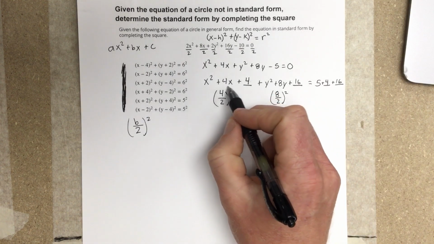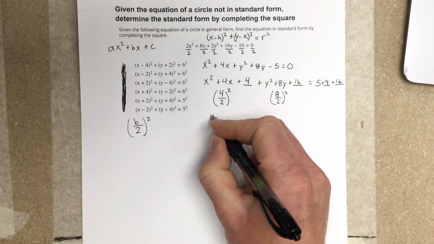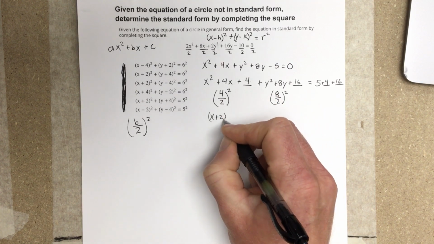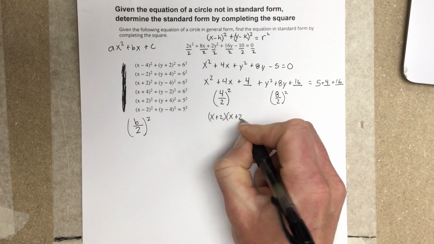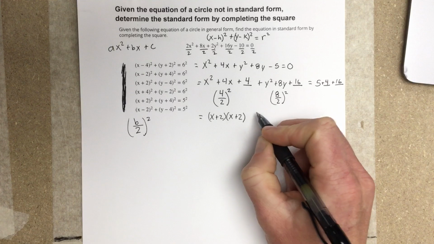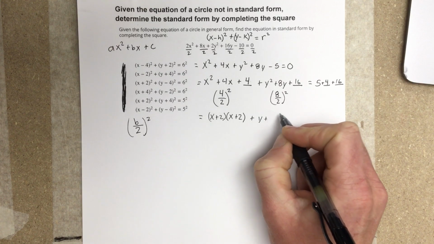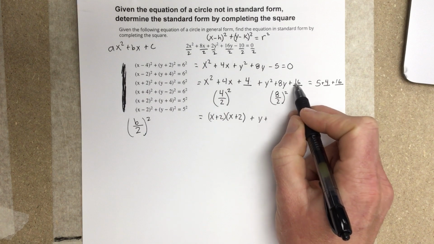Now, you'll notice that this is a perfect square trinomial, and that this factors to x plus 2 times x plus 2. So we've got equals here. And then this would be plus y plus, see, it factors to another perfect square.